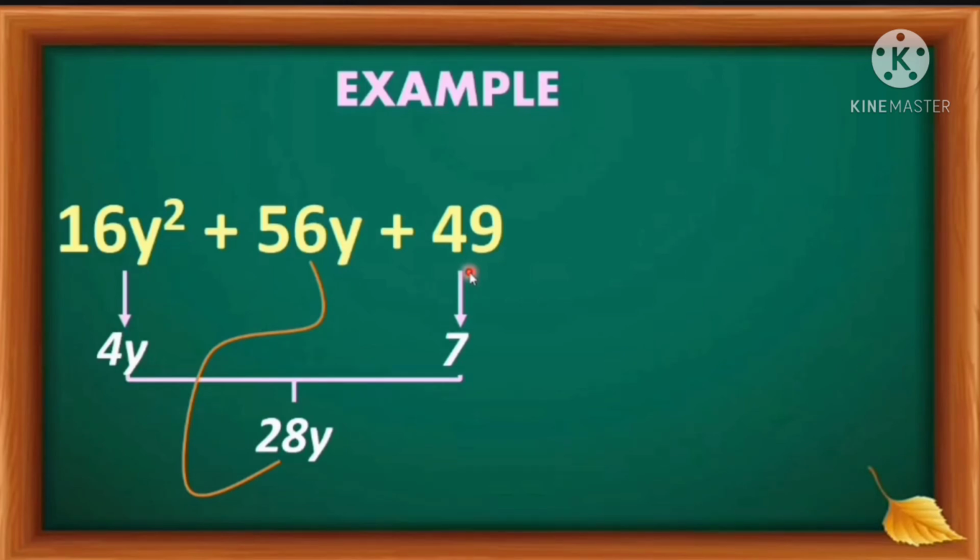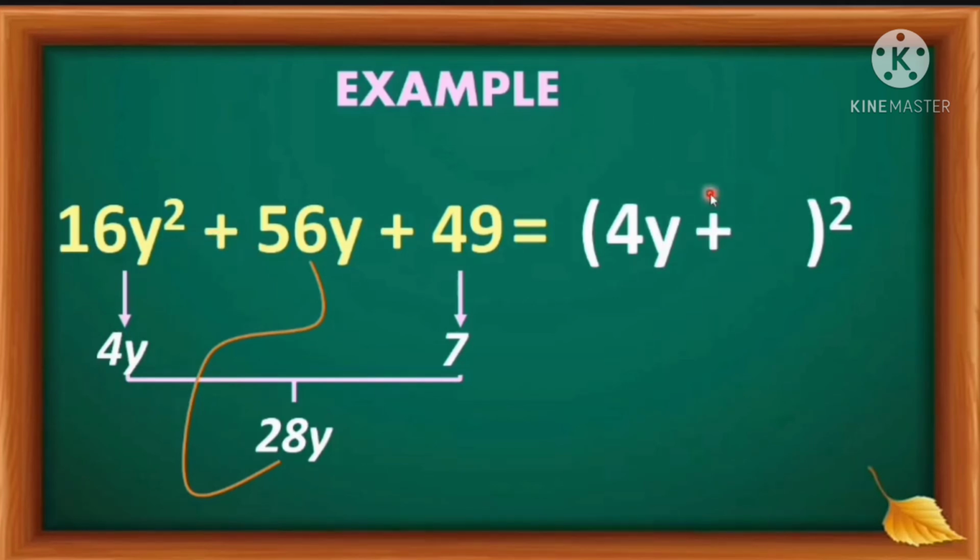Okay, so let us now get its factor or find its factored form. Okay, what is the square root of the first term? The square root of 16y squared is 4y. So we have the first term here would be 4y. And then since the middle term is positive, so the operation between this binomial here would be plus or addition or positive.